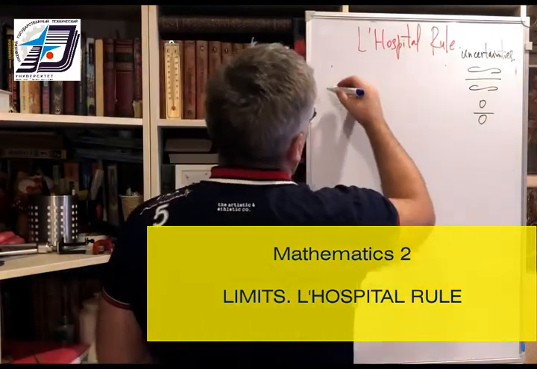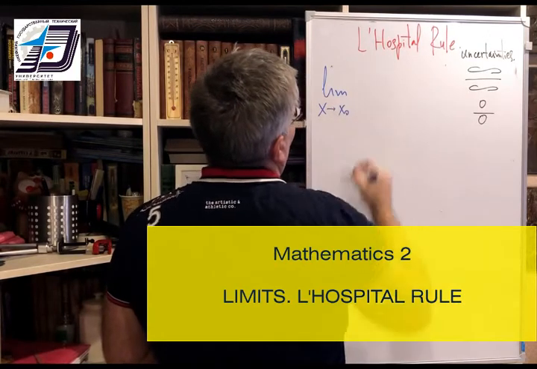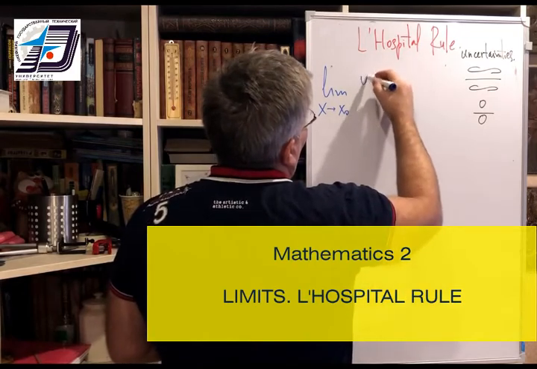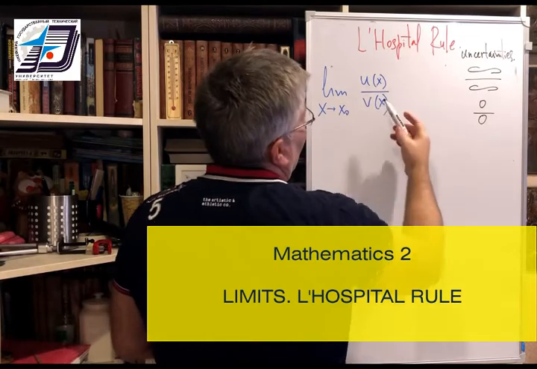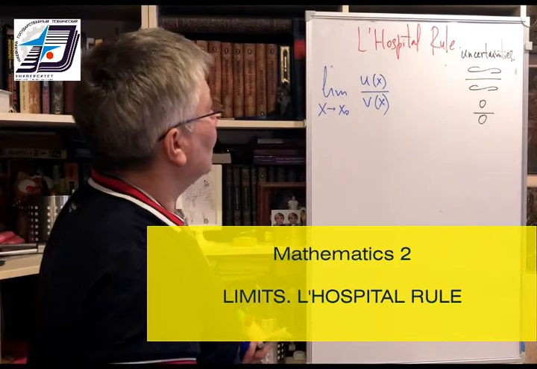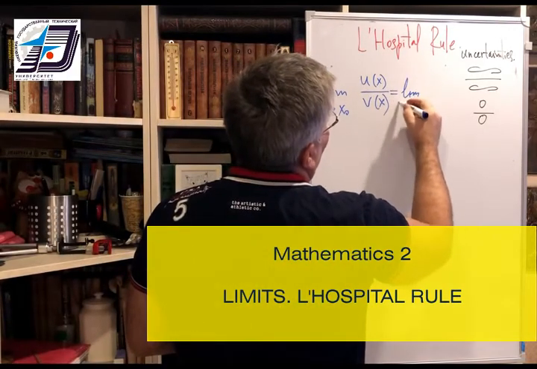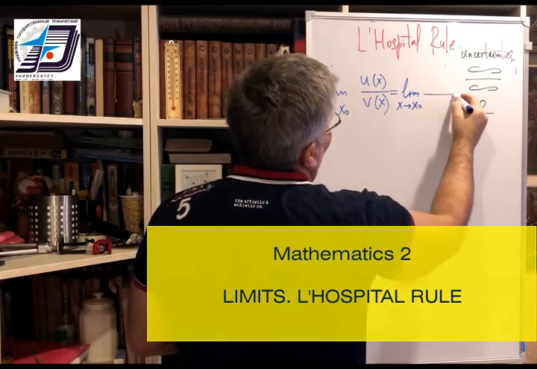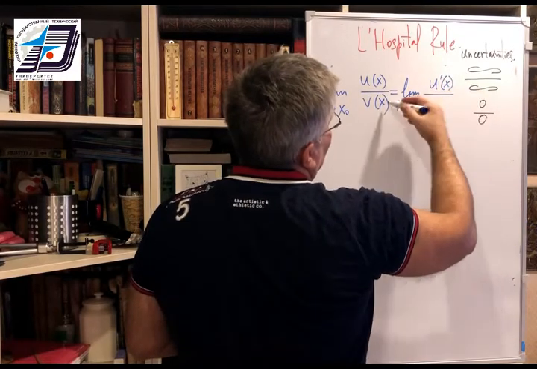If we have limit when x tends to x0 of u of x over v of x, so that we have one of these two types of uncertainties, this limit is equal to the limit, x still tends to x0, of the ratio between first derivatives of these two functions.